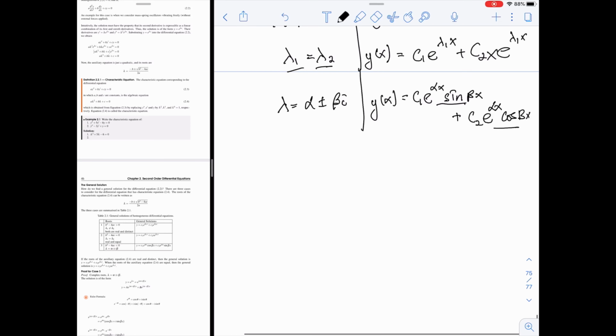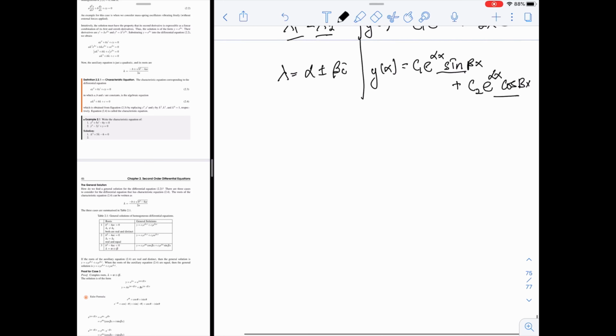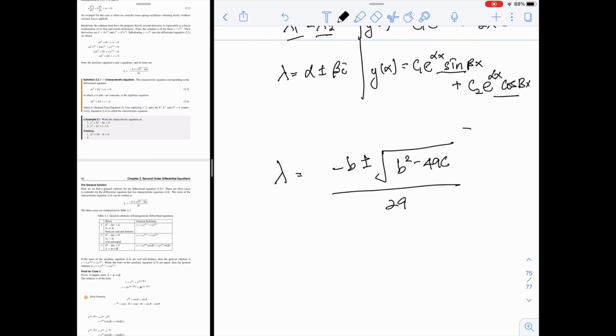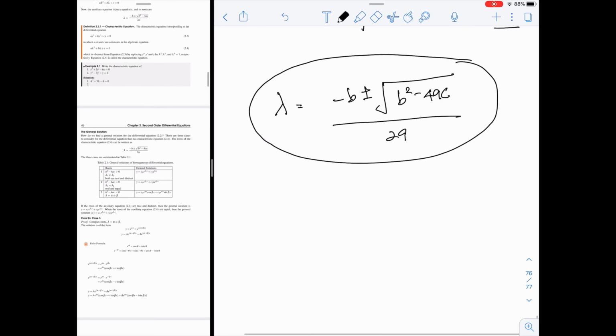I believe you have your own way to find lambda. Basically, lambda can be found by using the formula negative b plus minus the square root of b squared minus 4ac, over 2a. This is the formula to find lambda, or you may use the scientific calculator directly to get the value of lambda.